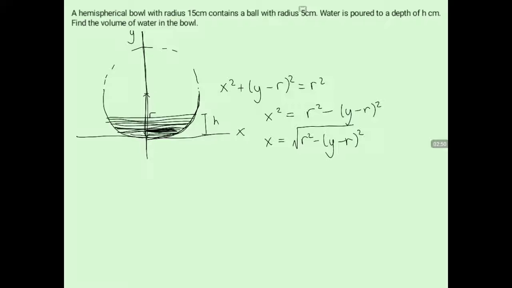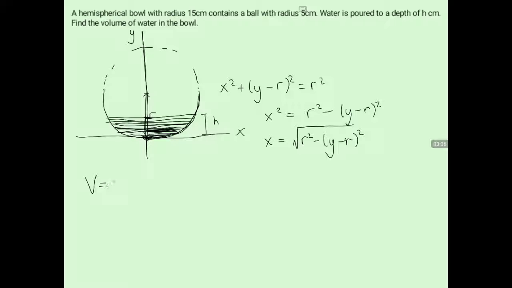So to find the volume of this, we want to add up all of the circles starting from y equals 0 all the way to y equals h.